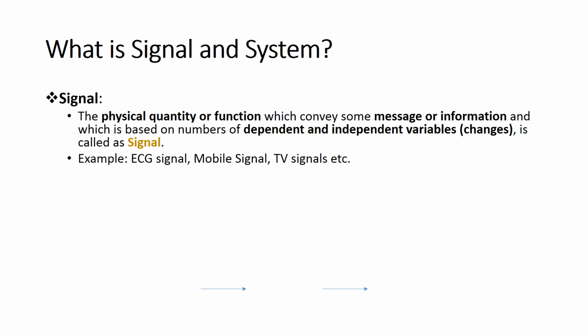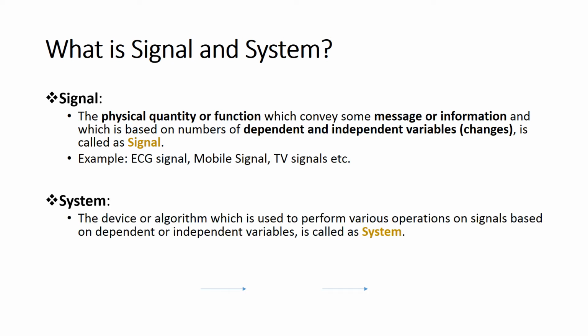For example, ECG signal, mobile signal, TV signal, and so on. Then system. A system is a device or algorithm which is used to perform various operations on a signal based on dependent or independent variables. We can say systems may be processors, filters, amplifiers, and so on.